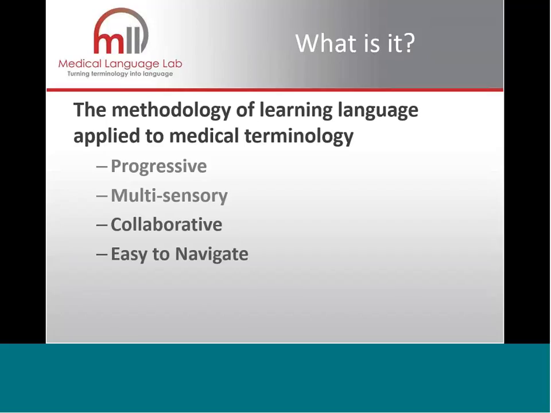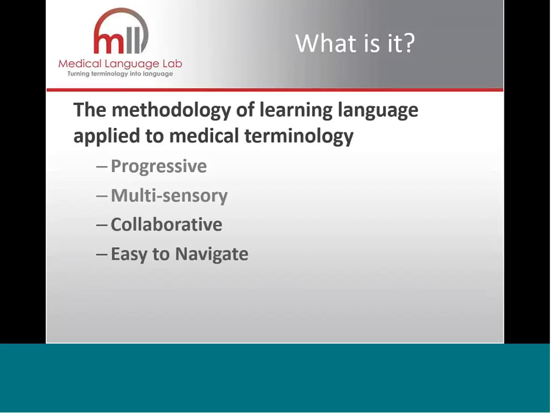There are all types of activities that are going to engage students with all the different senses. It's collaborative, and that's something that I'll be able to explain a little bit more. We have discussion forums that allow for online collaboration, which is really important when students aren't able to meet or interact face-to-face.